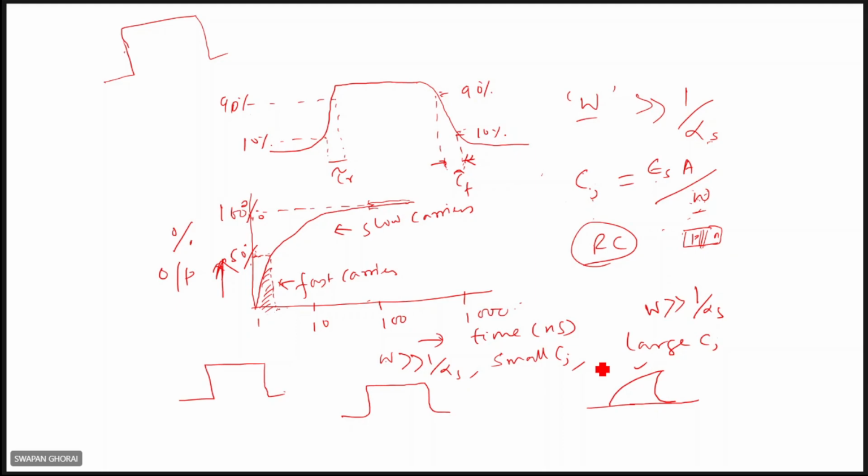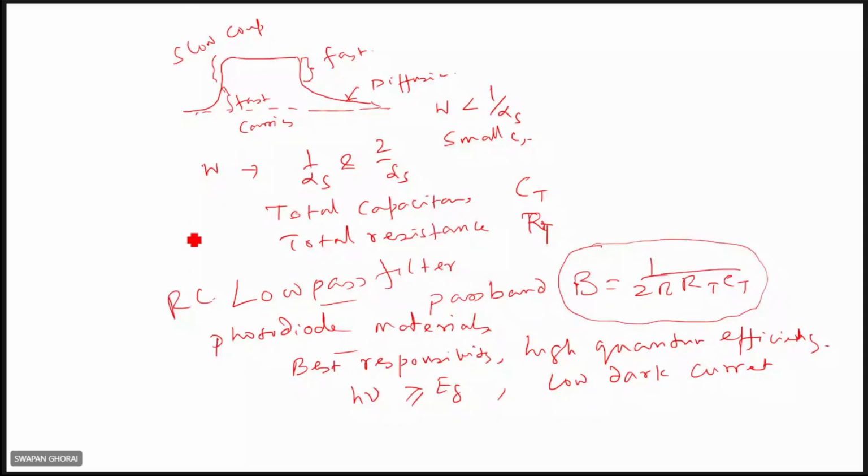So capacitance should be small, and the depletion layer width should also be greater than 1 by alpha s. One typical value you can see here, where slow and fast carriers determine this curve.